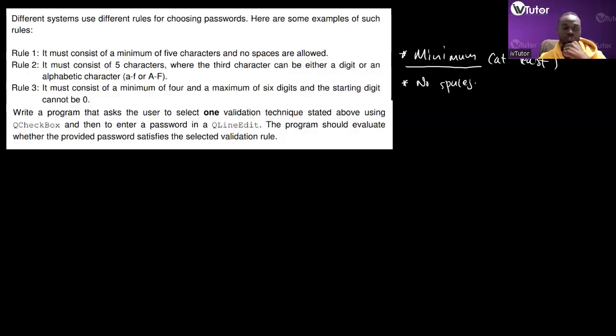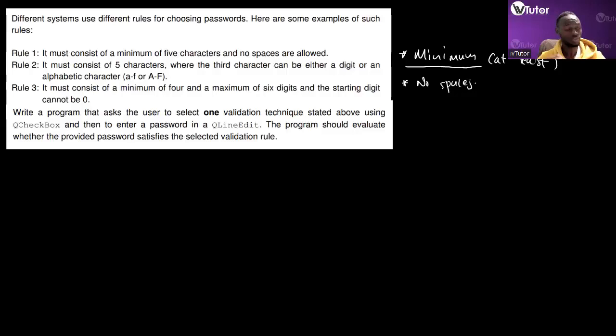So you're not going to write a regular expression to satisfy rule 1, rule 2, rule 3. You are providing 3 regular expressions, one for each of these 3 rules. So the user was then choosing which rule you want to apply, and then you validate using that rule. So it's not one requirement for all passwords.